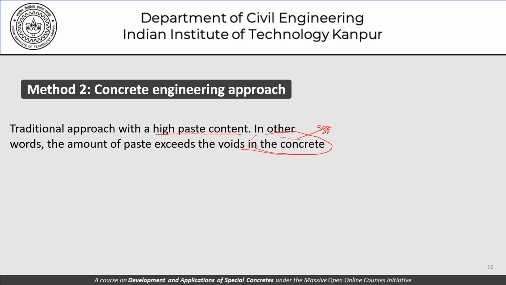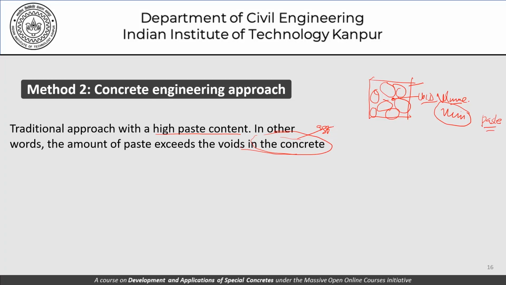Remember that what we had said in one of our discussions earlier is that if I have a mass of aggregates filled into a box of a certain volume, then this void volume is the absolute minimum amount of paste which is required to complete my concrete.